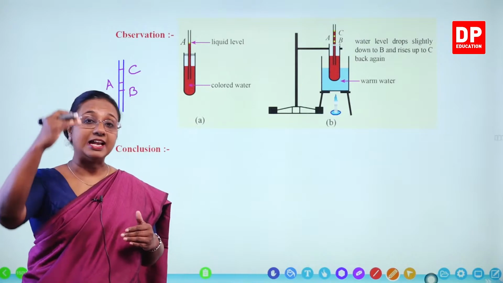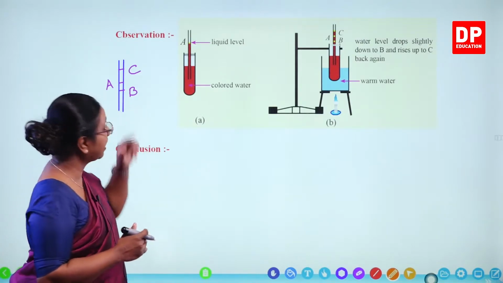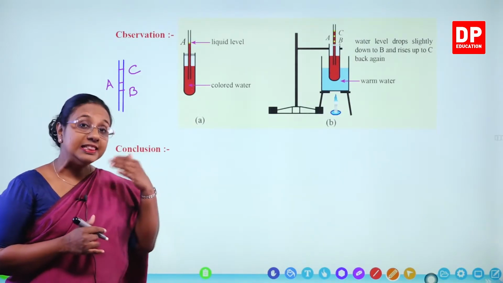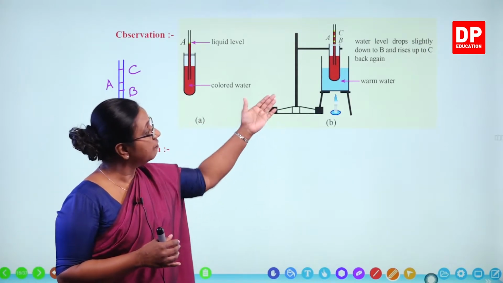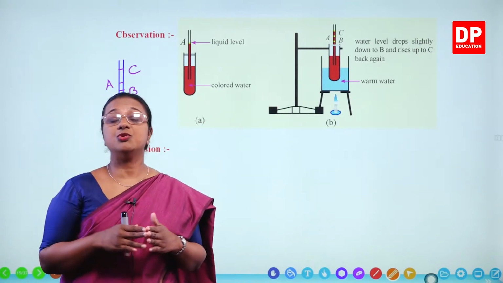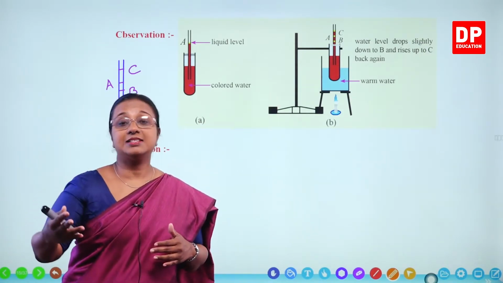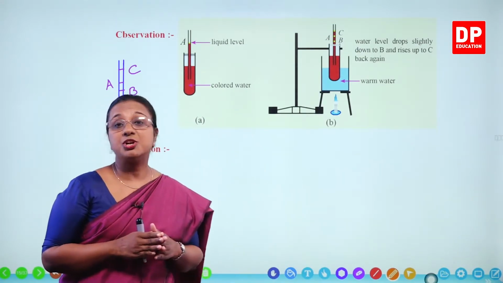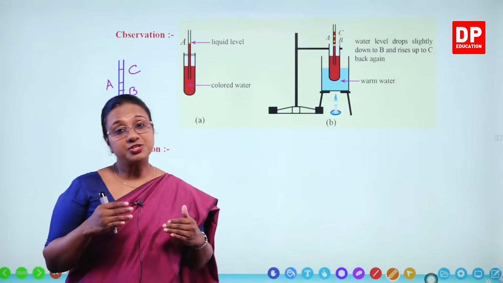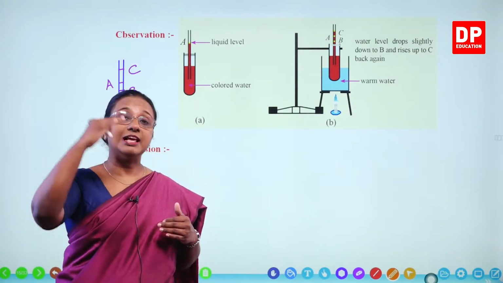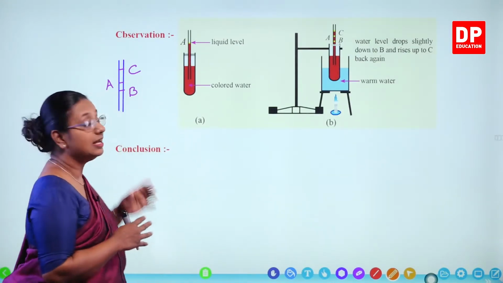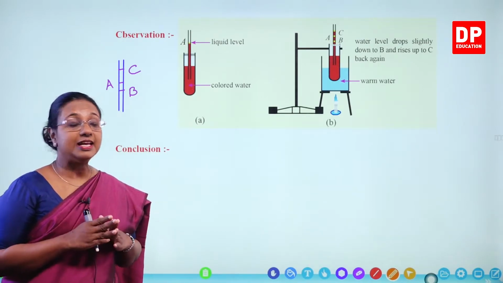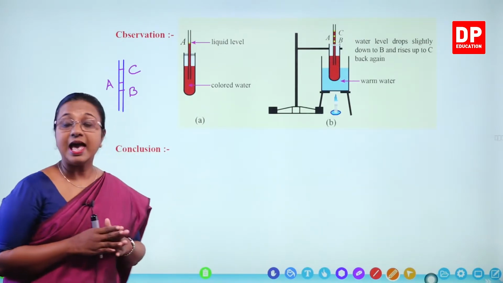So because of that, the water level decreases and comes to point B. Thereafter, when water inside the test tube becomes hot, it starts expanding, and the expansion is more than the expansion of the test tube. So because of that, you see the water level rising inside the glass tube. So that is what happens in this activity.